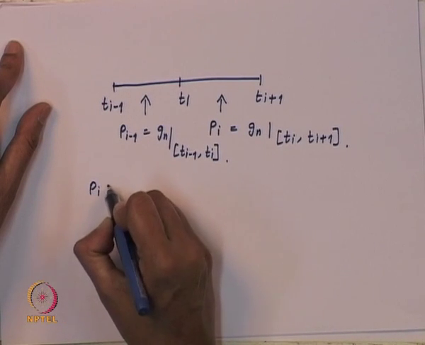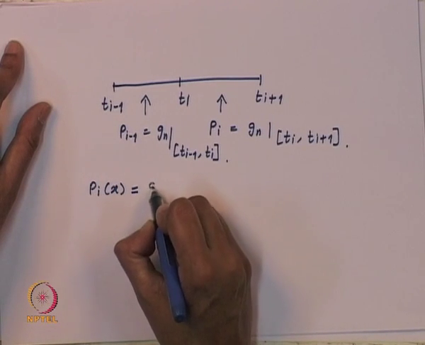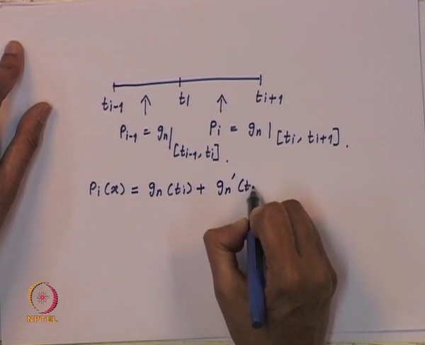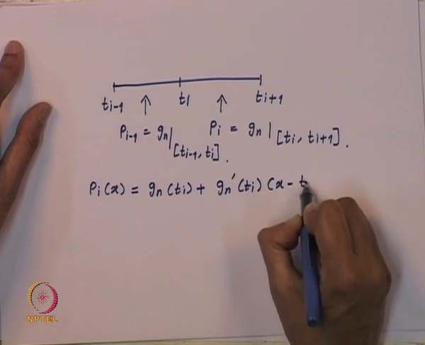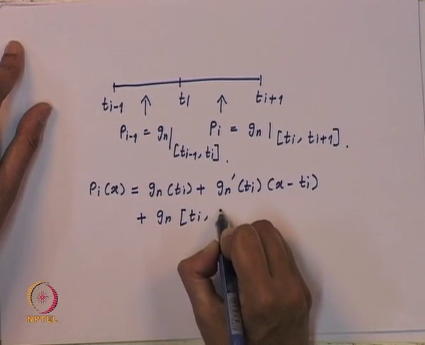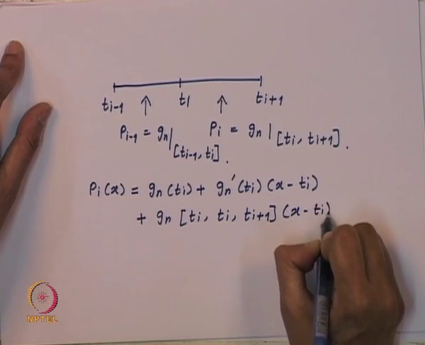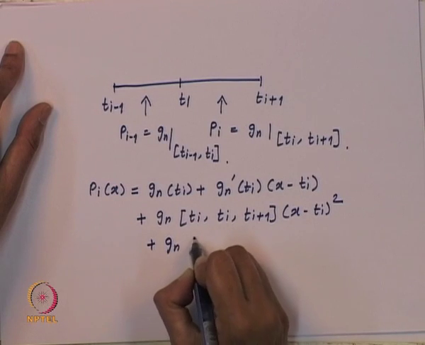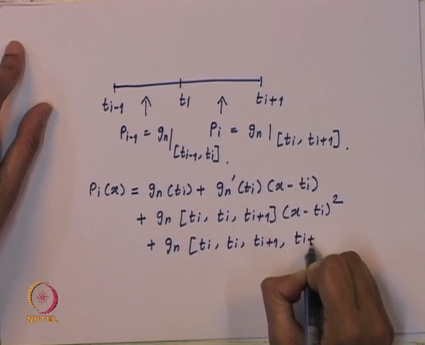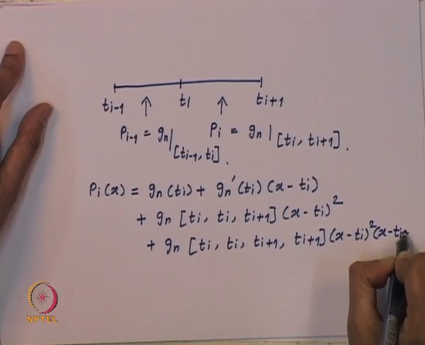So, we have p_i(x) equal to the same cubic Hermite polynomial: g_n(t_i) plus g_n'(t_i) into (x minus t_i) plus the divided difference based on t_i, t_i, t_{i+1} into (x minus t_i) square plus g_n[t_i, t_i, t_{i+1}, t_{i+1}] into (x minus t_i) square into (x minus t_{i+1}).